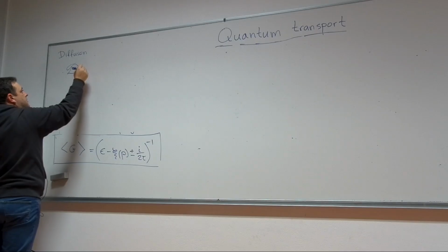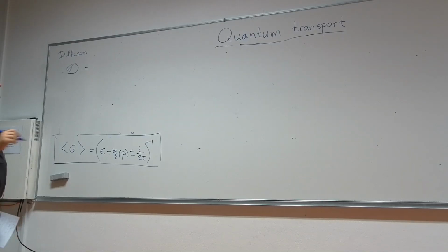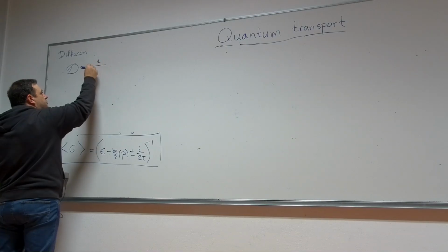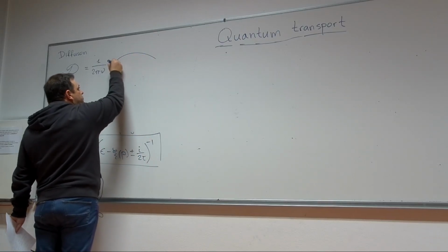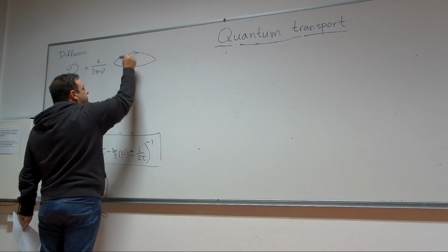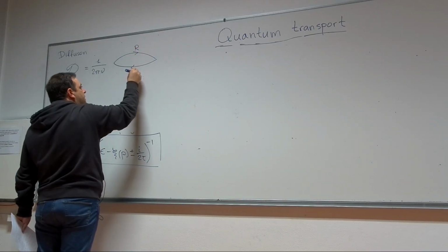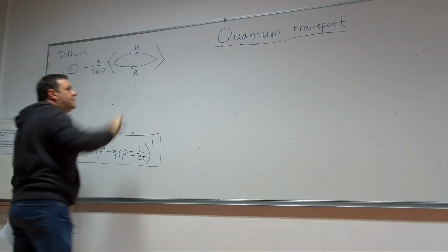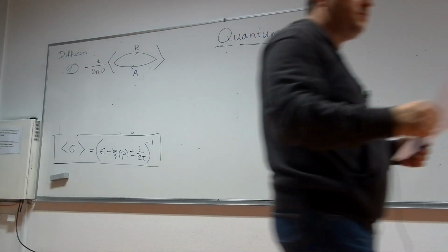Because there is the following simple formula. D equals 1 over 2 pi nu, two green functions, one of them retarded, the other one advanced, averaged over disorder. I will not tell you where I took this equation from.